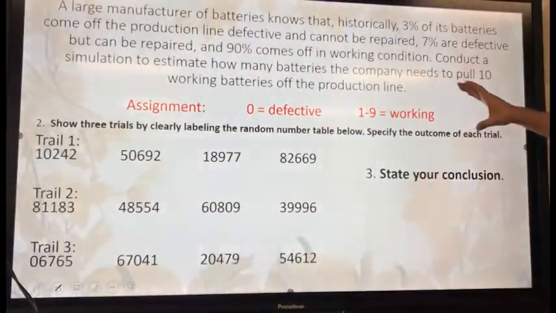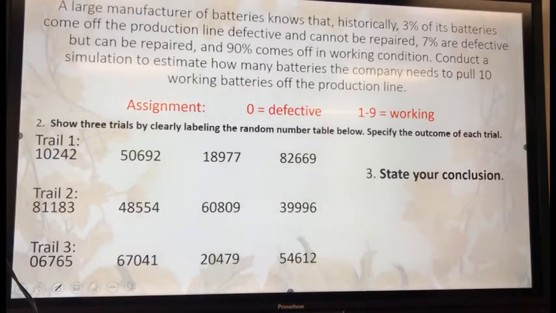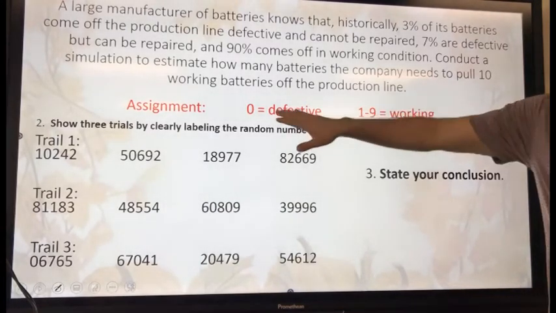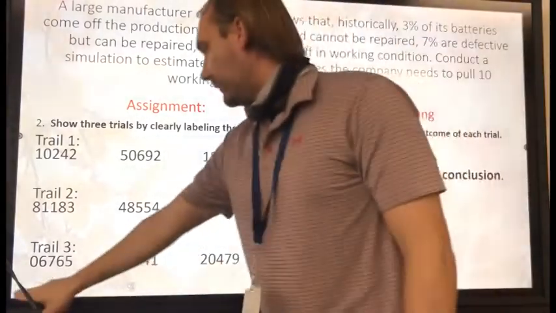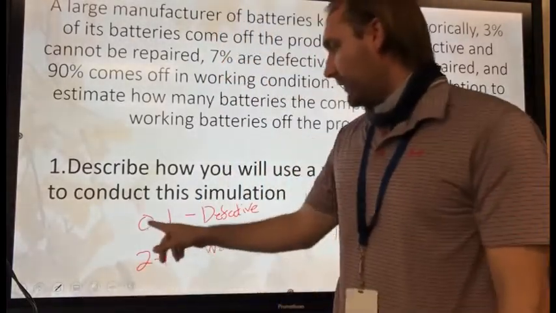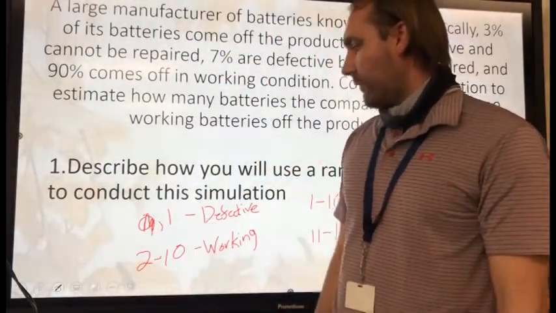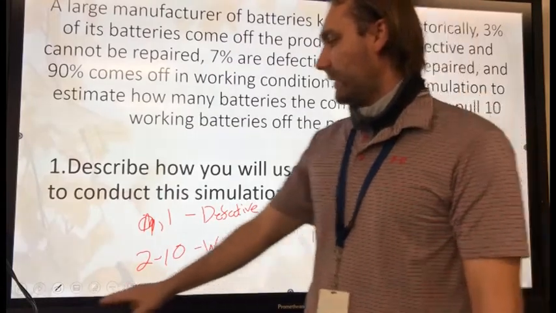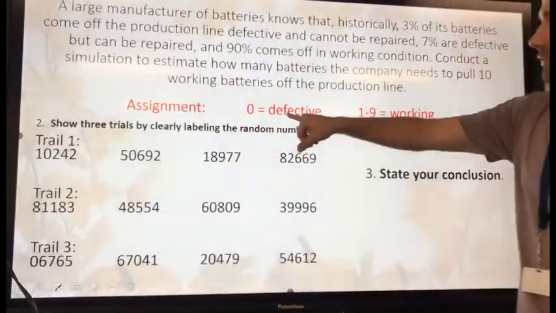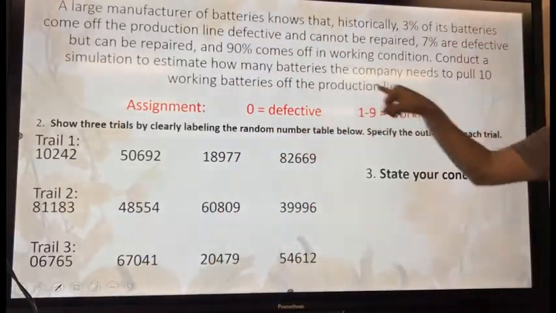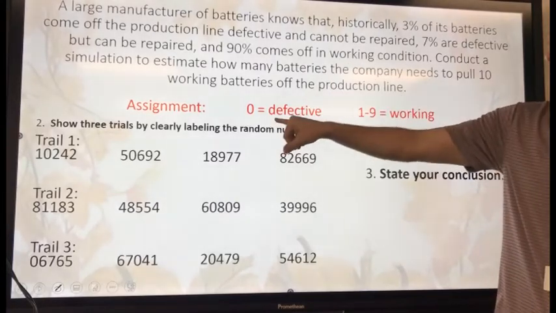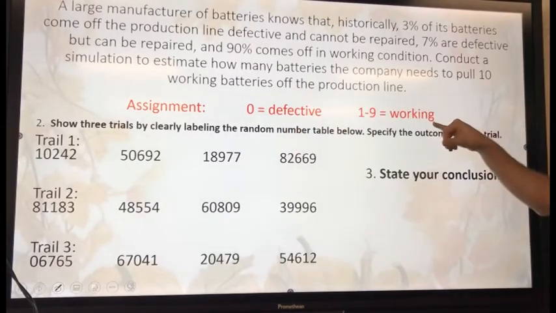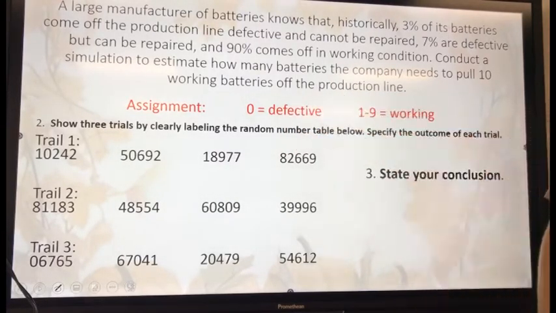So up here, did I use 0, or 1 and 2? I used 0. So mine actually used 11, so I'm wrong here. I would use 1 as defective, 2 to 10. Okay. This one's going from 0 to 9. 0 is going to be used as defective. 1 through 9 is working. Total is a 10. That's 10%.